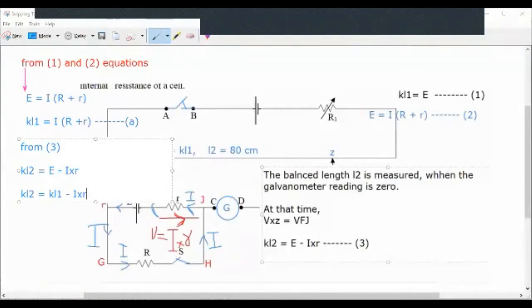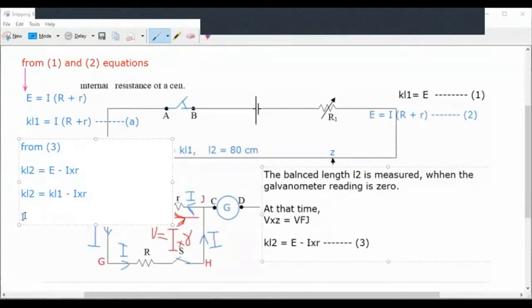Can you identify this? I'm going to take this minus I times r to this side, so it will be positive I times r.